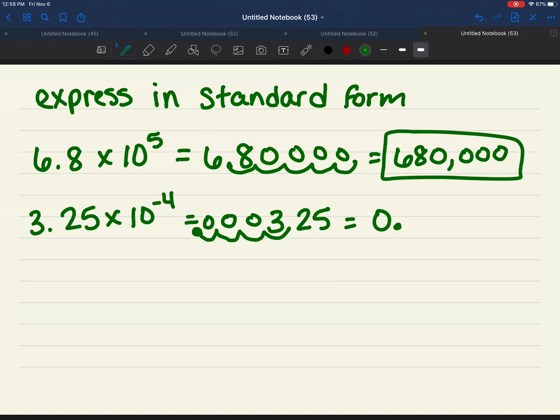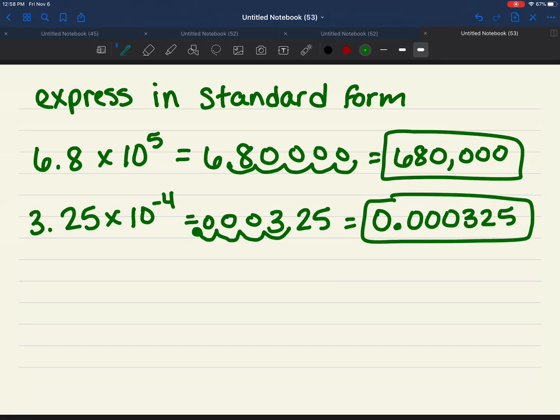So before that, I should always put a 0, so I have 0 point, and then just write the number that you see: 0.000325. Is 0.000325 a really small number or big number? Small, right? Anytime you have a decimal with a lot of zeros that follow it, that's a really small number, okay? So again, negative exponents give small numbers, positive exponents give big numbers, okay?